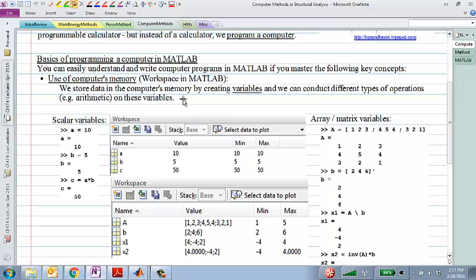So the idea behind Matlab, maybe I won't give you a full demo today, but a few things, if you are able to understand with Matlab, you can actually understand most any programming language. One is the use of computer's memory in Matlab.